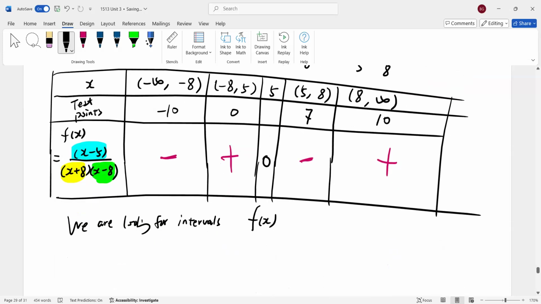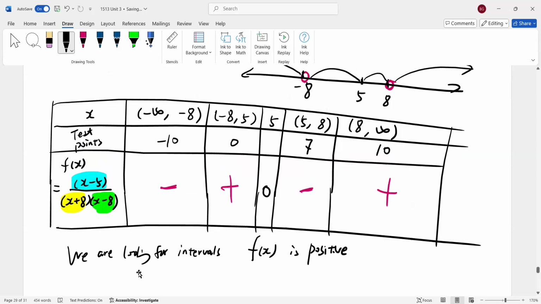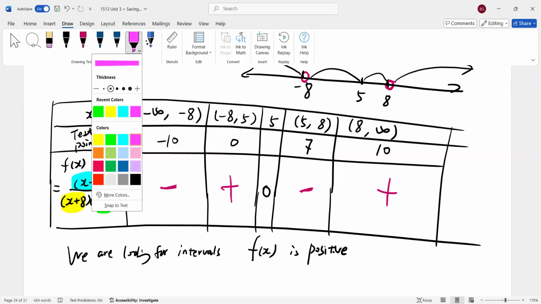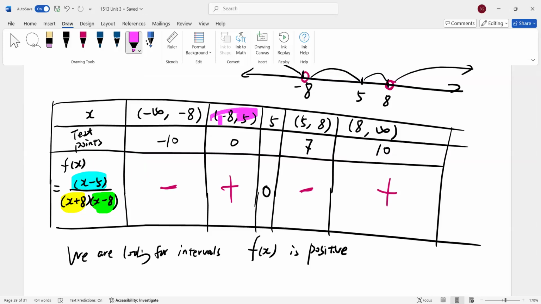We are looking for intervals over which f of x is positive, cannot be 0. Has to be strictly positive, strictly bigger than 0. So let's see which one shows positive. We have this one positive. We have this one positive. All right.